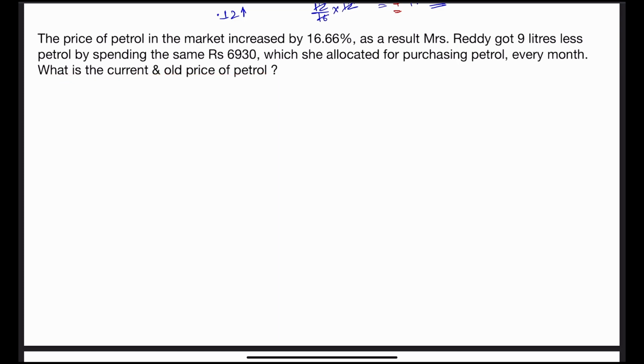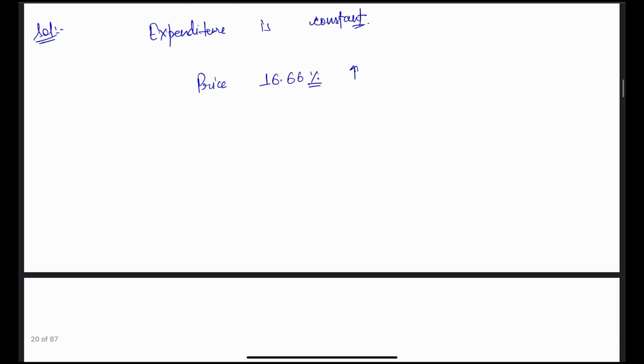So first thing first, expenditure is constant. So if price increased by 16.66%, consumption should decrease.